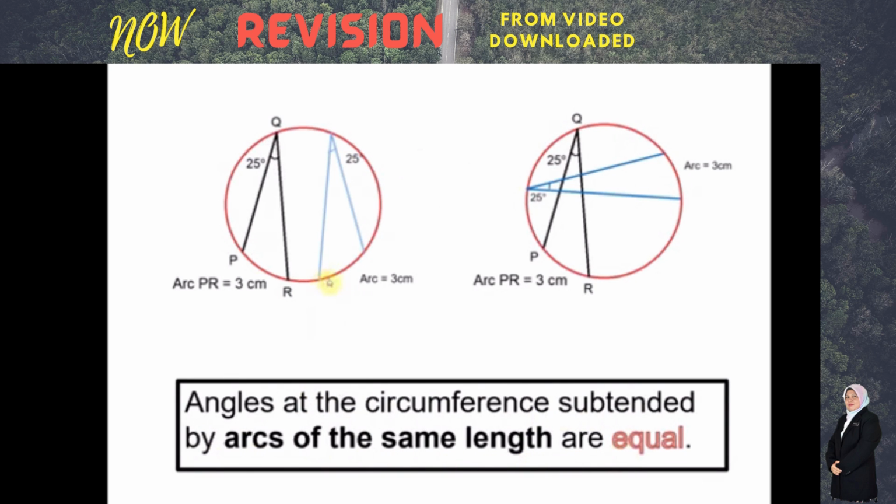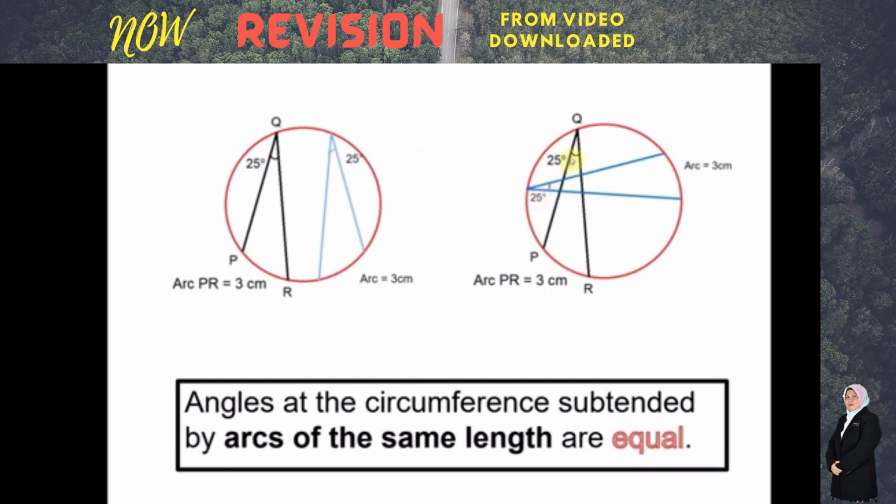When this arc and this arc have the same length, 3 centimeters, the angles subtended by these two arcs will have the same value.